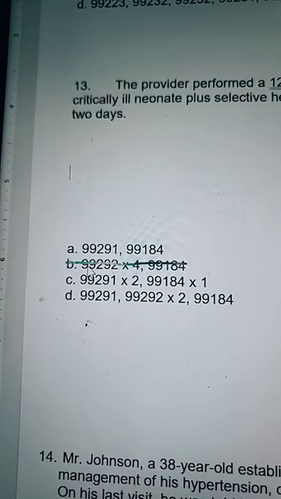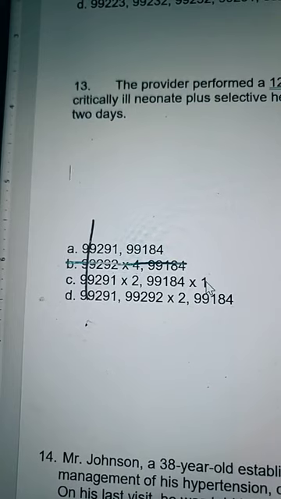I'm going to eliminate B because it starts out with the 2 at the end and the rest start out with a 1. Technically, I don't really need to look up the first code because it's in all the answers, and knowing what it says makes no difference. These two are the same.